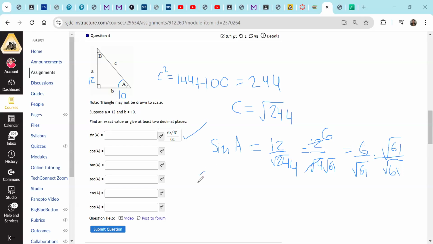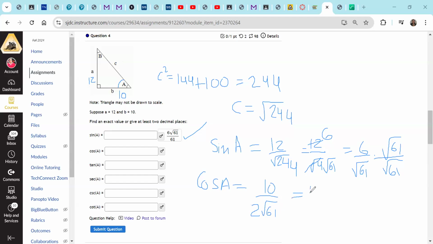Then your cos A, cos is adjacent over hypotenuse. So adjacent here is 10, hypotenuse is square root 244. So square root 244 is again 4 square root, which is 2, square root of 61. So 10 divided by 2 is 5.